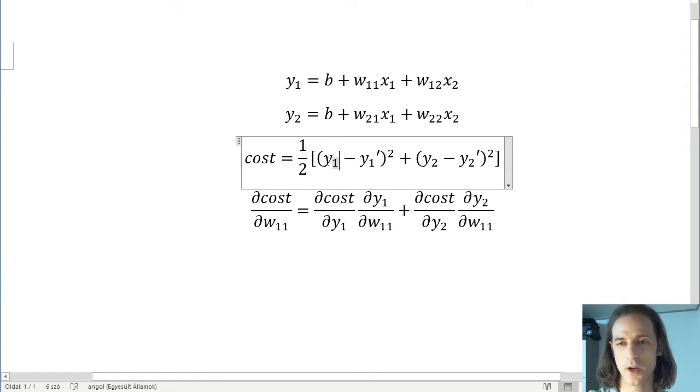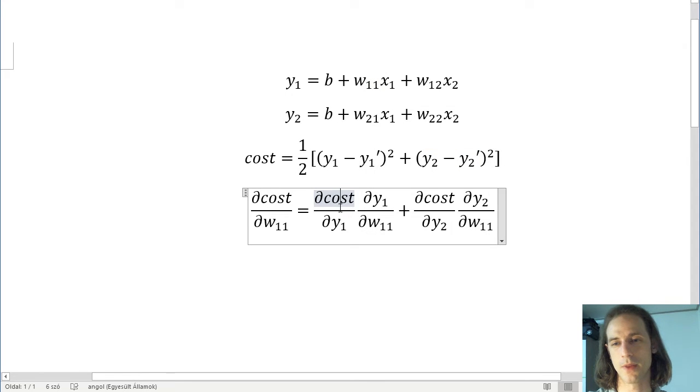So y1 depends on this, and y2 could depend on that, or maybe it doesn't. We don't know, maybe at first look. So we just say the derivative of the cost function with respect to y1 times the derivative of y1 with respect to this weight. And of course, the same comes for y2.